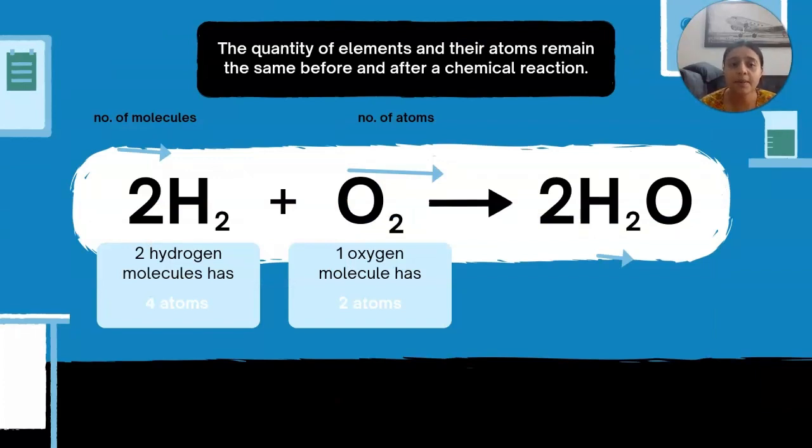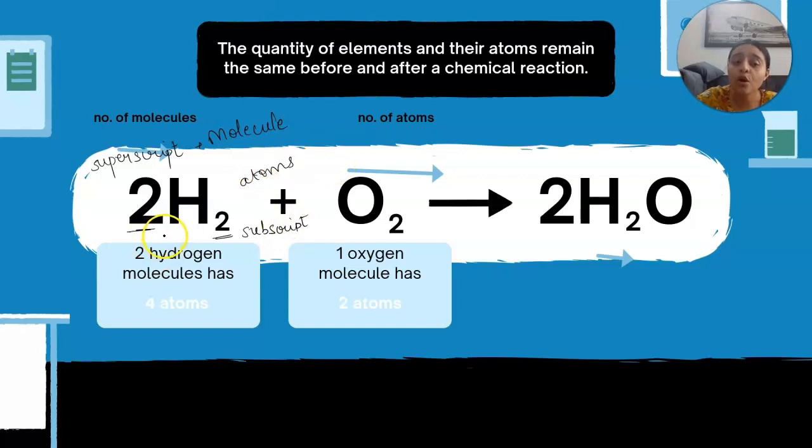How can we see that conservation of mass is maintained? Here is an example. In the reactant side, there are two elements, hydrogen and oxygen. I have already told you that the superscript of an element describes the molecule, and the subscript, which is written down, is considered as atoms.